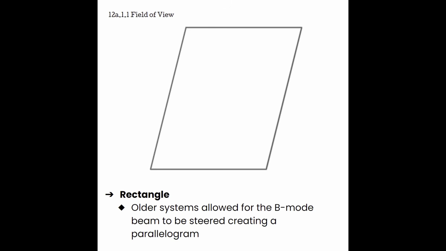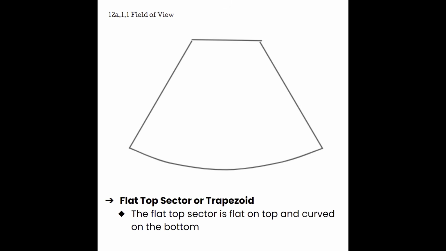In older systems, we saw that the machine did allow us to steer the B-mode scan lines into more of a parallelogram shape. We don't see that as much now, but we do see the parallelogram shape when we are scanning in Doppler mode.